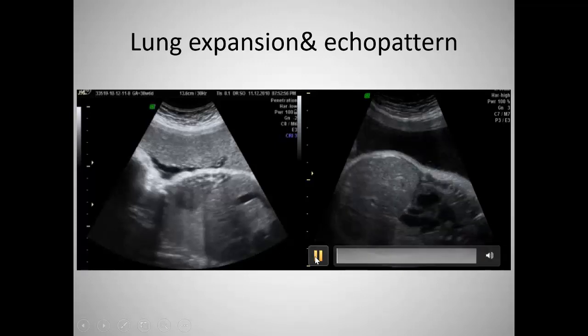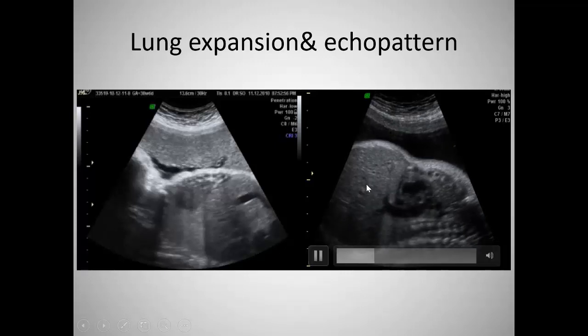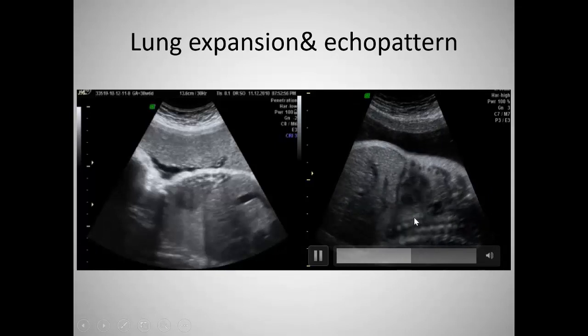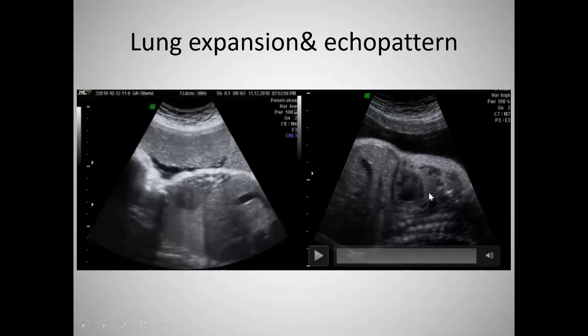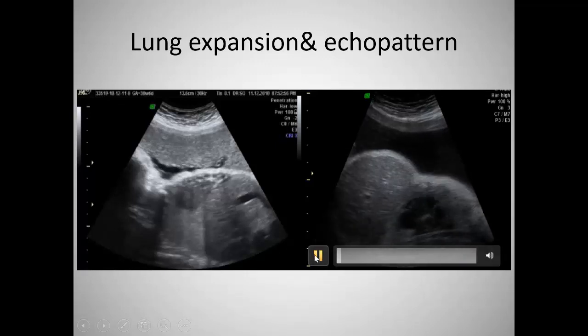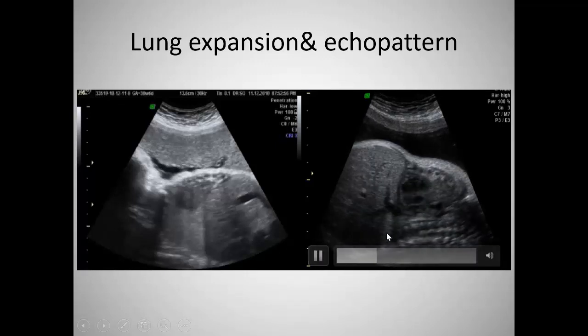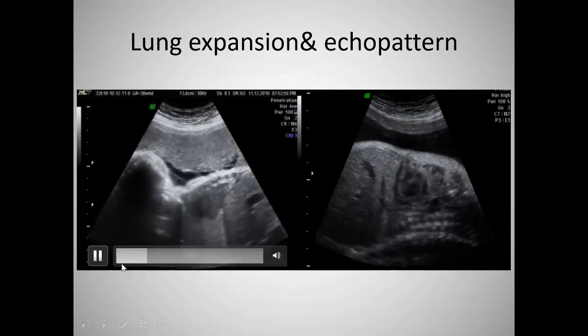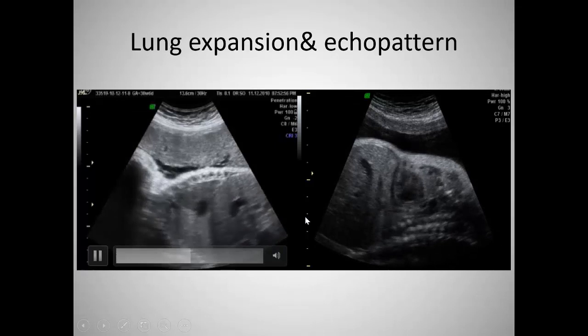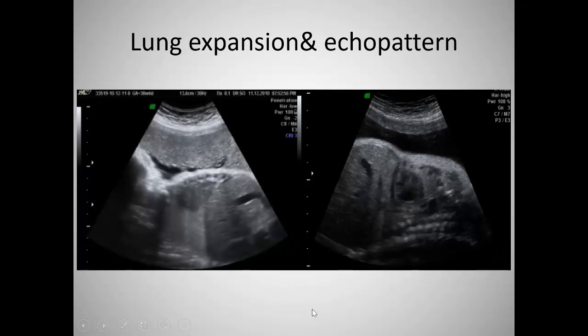So this lung is not mature. This is the liver, and even the lung here we could not see. This is a very narrow chest cage, and here this is the thymic gland, but you can hardly see a lung. Again, this is the normal expanding chest, and this is the small hypoplastic lung.